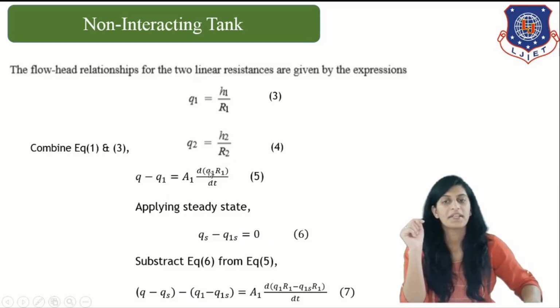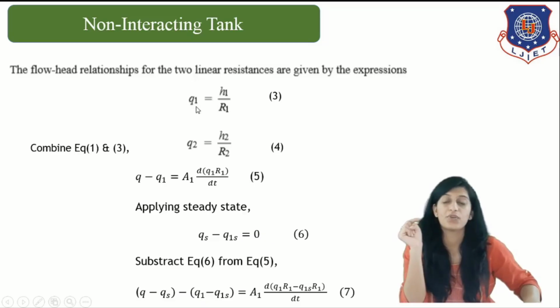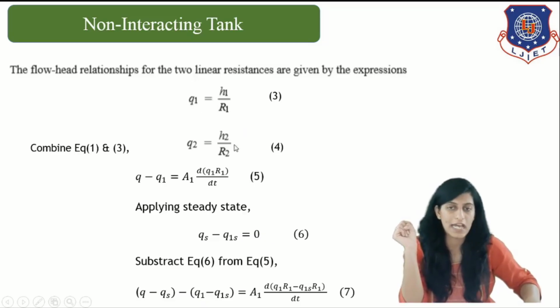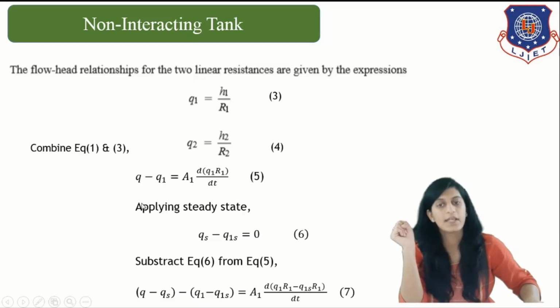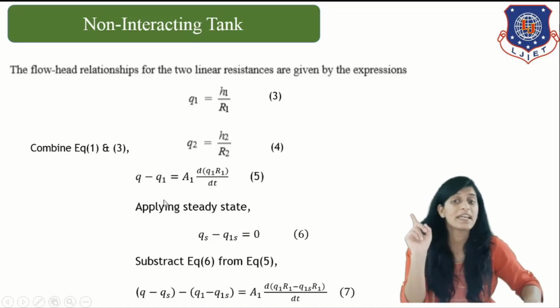Now we can simply combine equation 1 and equation number 3. That is, instead of writing H1, we can substitute the value of Q1 into R1 here. So it will be Q minus Q1 equals A1 d(Q1 R1) by dt. Now we can apply the steady state condition to equation number 5.